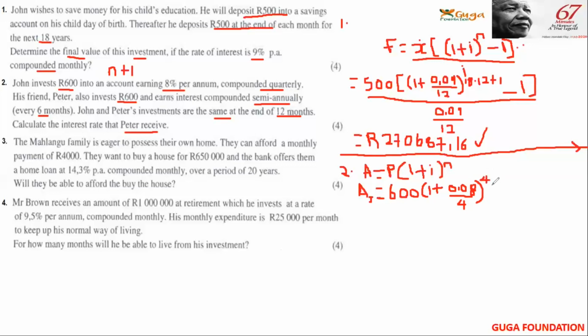So we can calculate the amount, and for John you'll get 649.46.